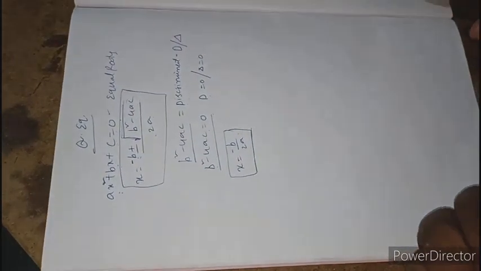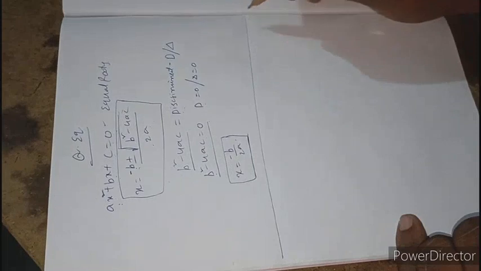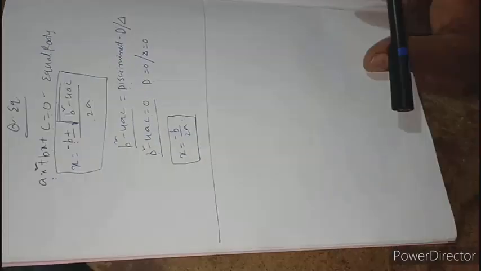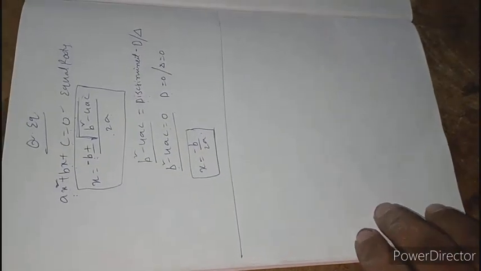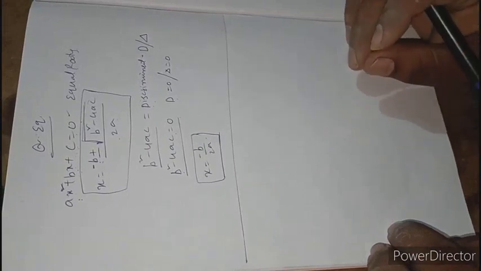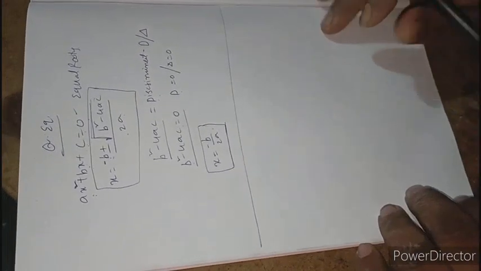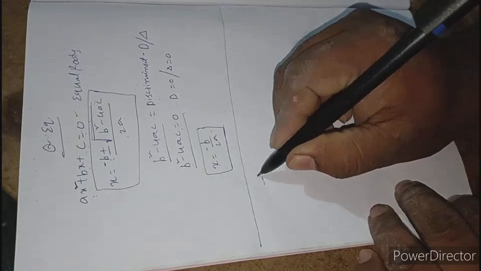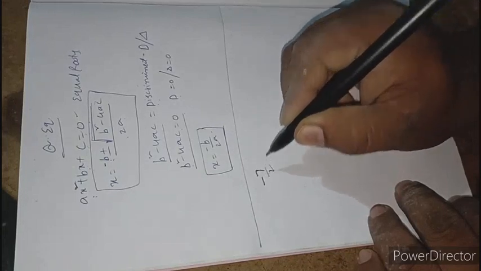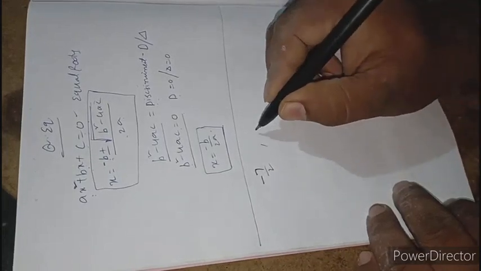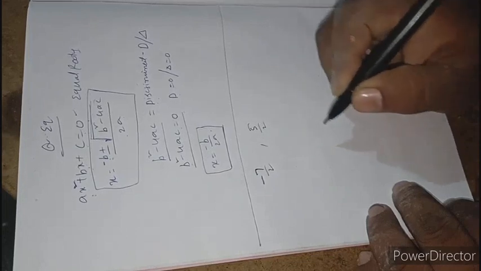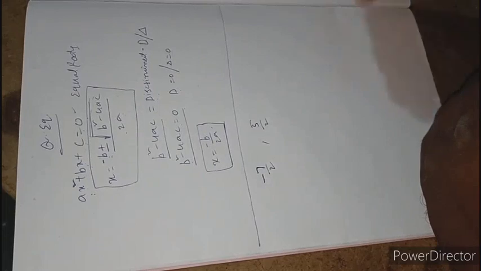Okay, the second question is: the sum of the roots of a quadratic equation is minus 7 by 2 and the product is 5 by 2. Then the equation is what?